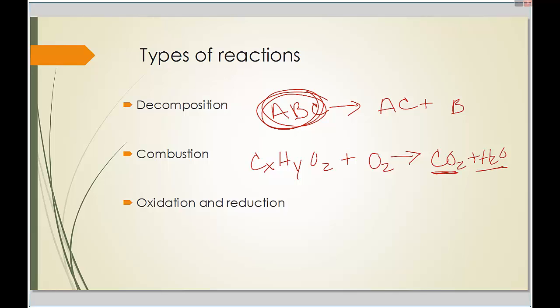And then finally we have oxidation reduction. Those are also called redox reactions. And it's actually referring to the electrons in the individual atoms. And we're going to take a minute to talk about those in a little bit.